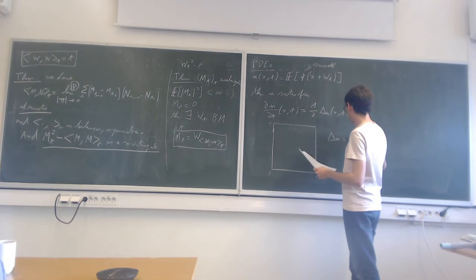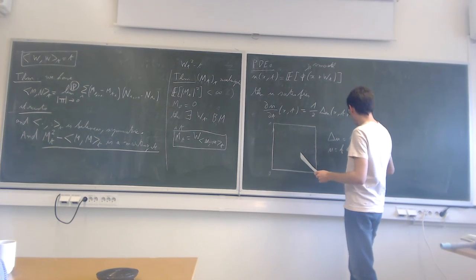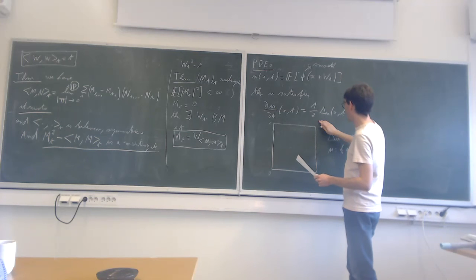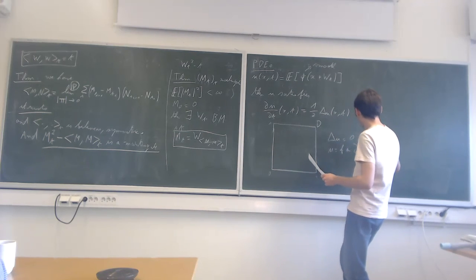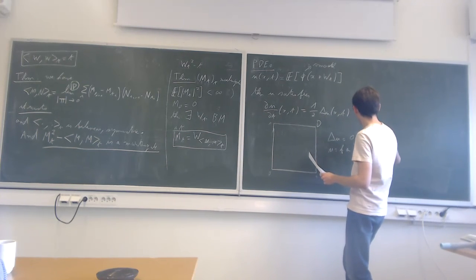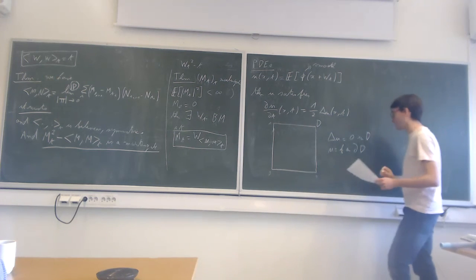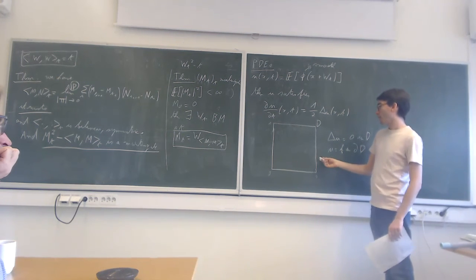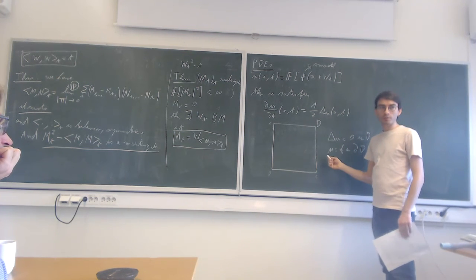That's delta u is equal to 0, with u equal to f on the boundary of the box called T, and in T. And you would like to solve this problem, and you can if you use martingales.